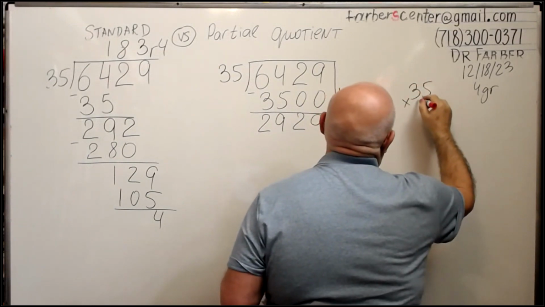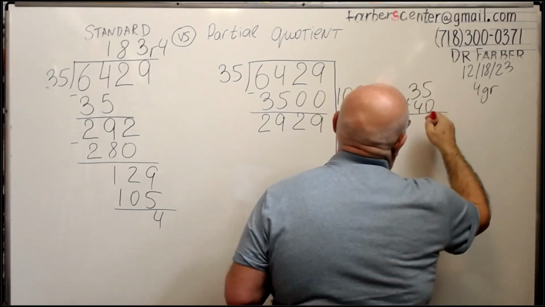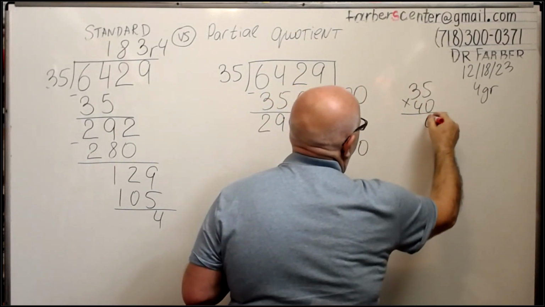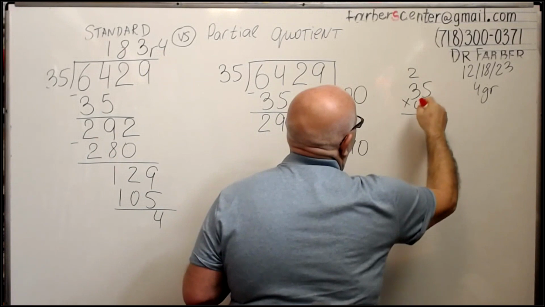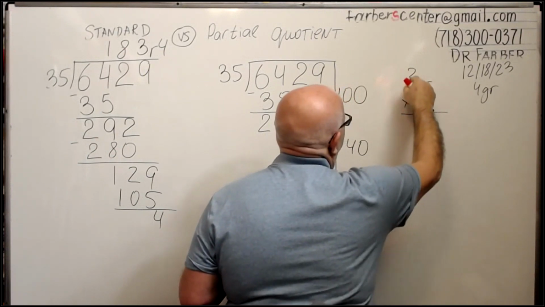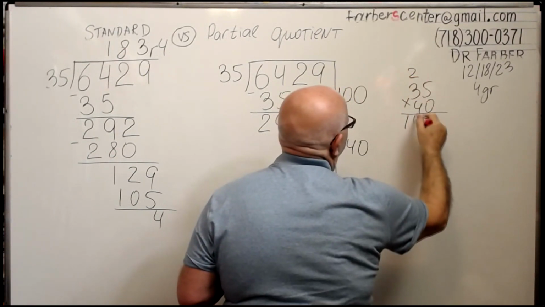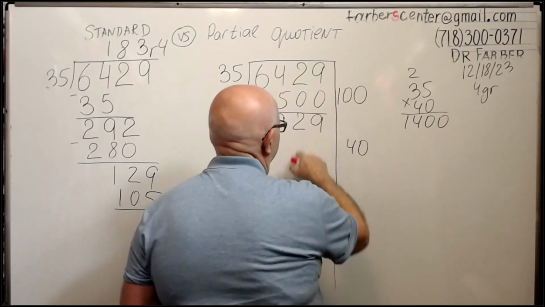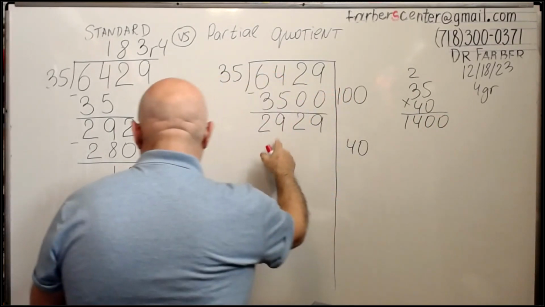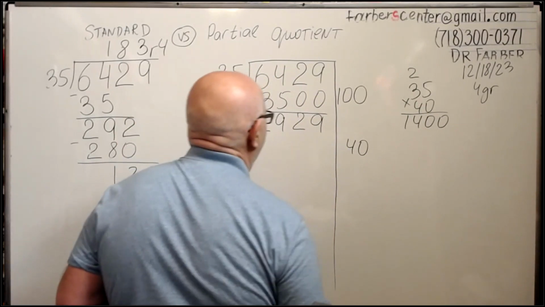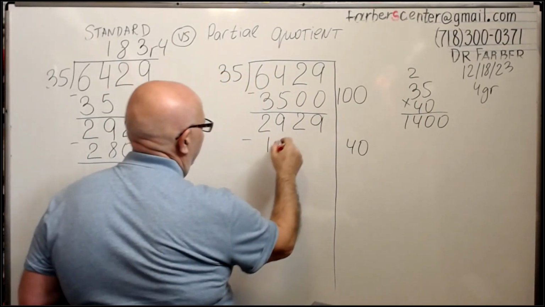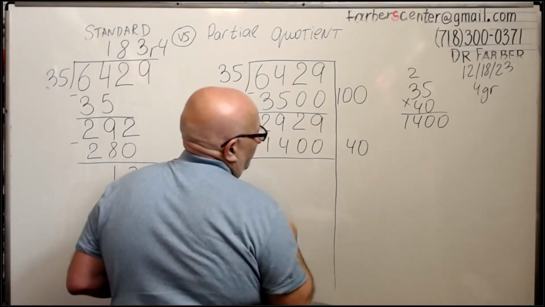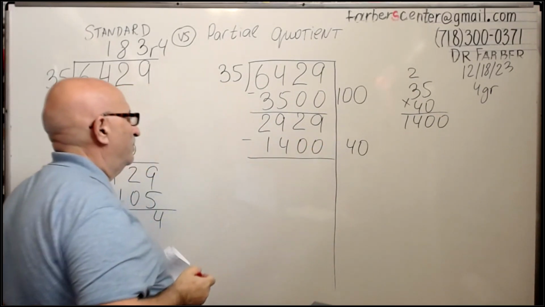Maybe it's not the best solution, but it's possible. 4 times 5 is 20, 0, carry 2. 4 times 3 is 12 plus 2 is 14. And 1, 0. This number is big, but less than this number. So in this case, I subtract 1,400. It's not the only solution, it could be any solution here.